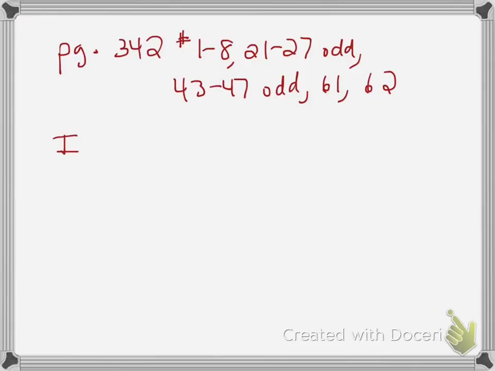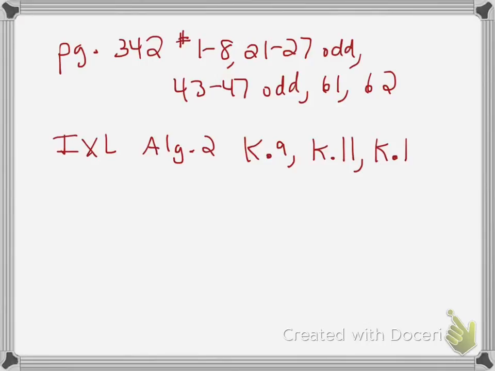You can also work on IXL. Of course, we're still in Algebra 2. These are still in our K functions. You can go K9, K11, and K14. K14 would be good. That's basically off of your polynomials, matching them up. So take a look at that stuff. Any questions, bring them back to me on Wednesday. All right.